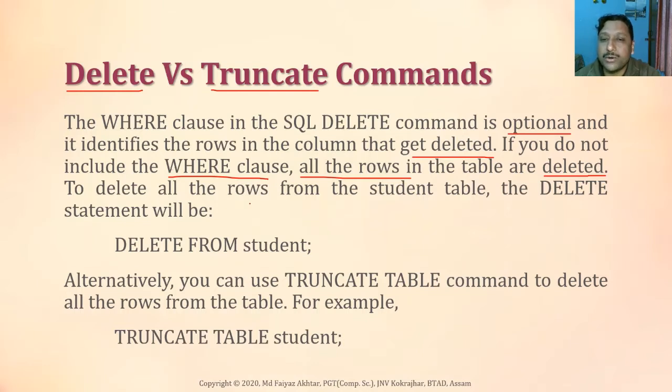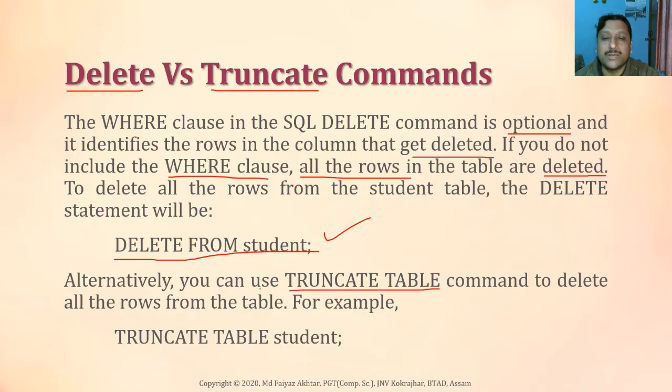To delete all the rows from the student table, the delete statement will be like this. Suppose you intentionally want to delete all the rows from a table, then you can give the command like this: delete from student. What will it do? It will delete all the rows from that table. Alternatively, in place of this command you can use the truncate command also.